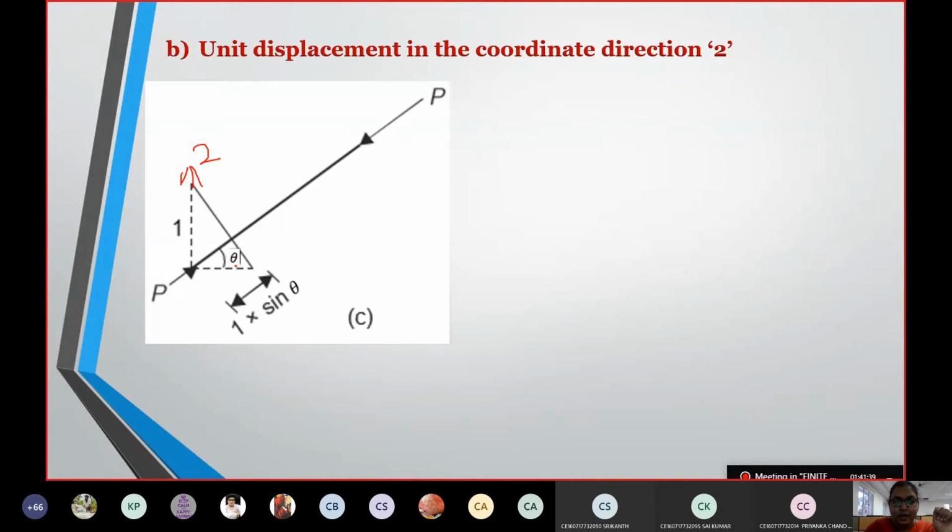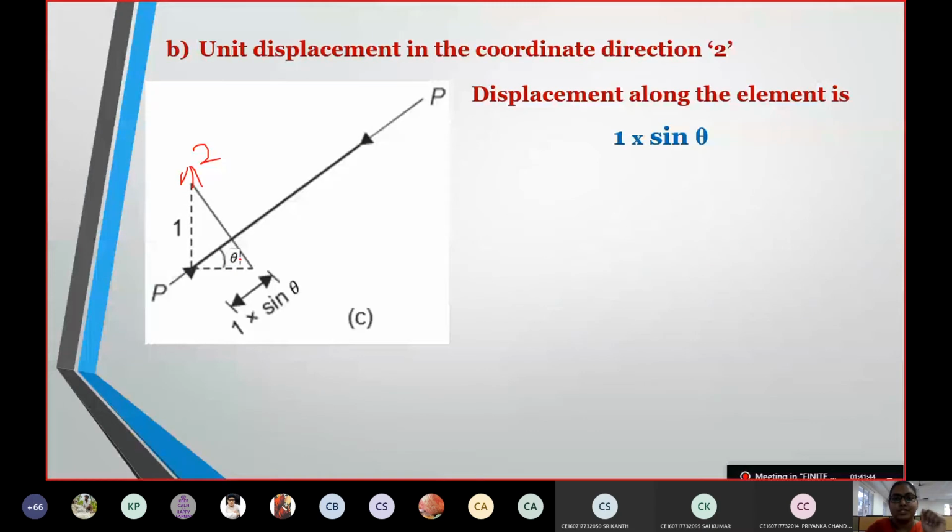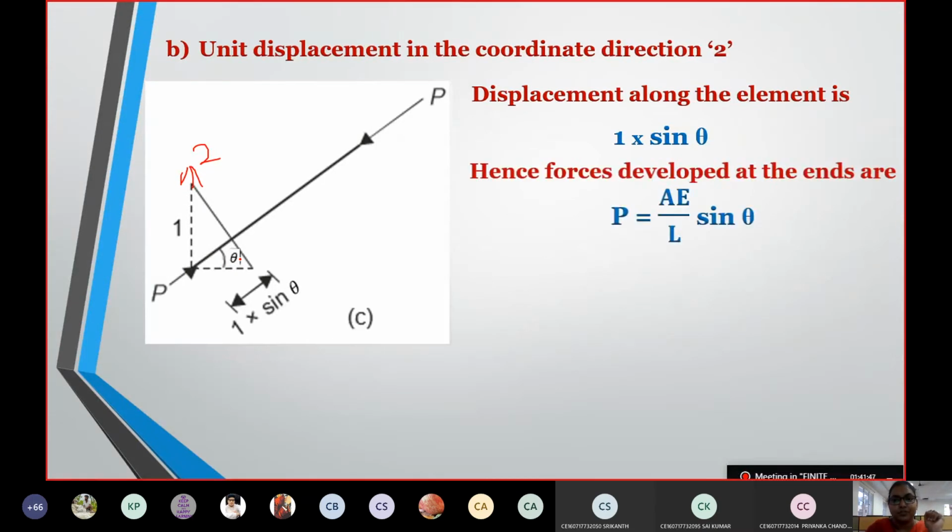But I said theta is the inclination with the horizontal only. So what is the displacement becoming here? 1 into sin theta. And what is the force developed? P is equal to A by L into sin theta. Right? Did you get how we got this?